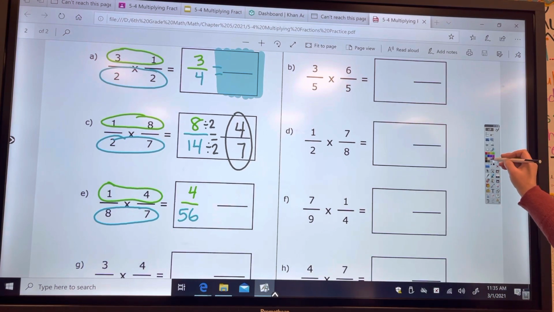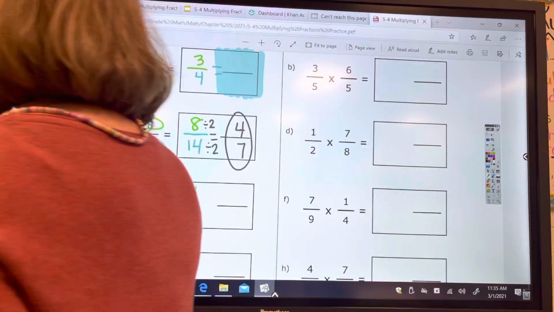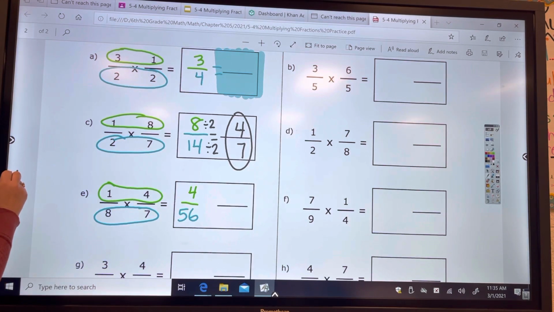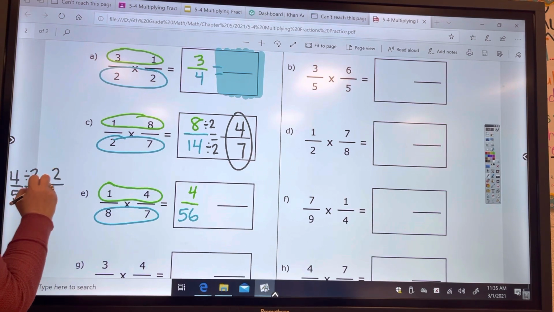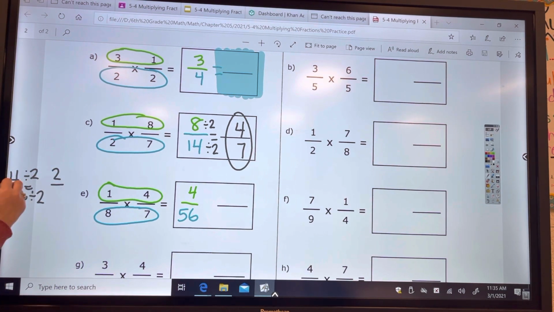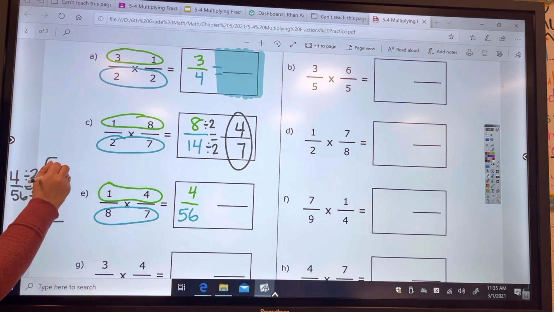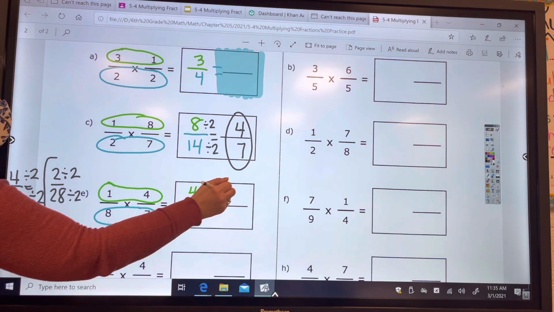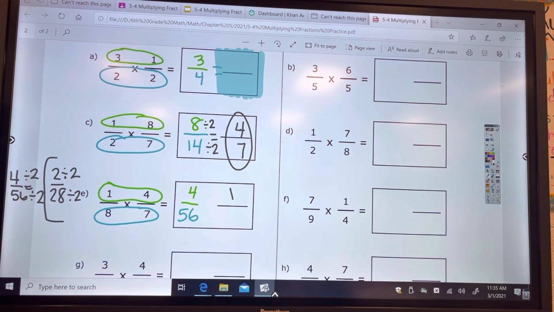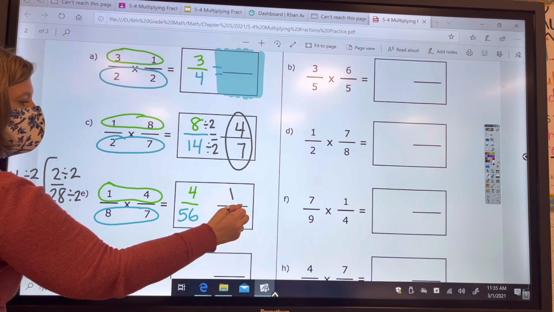Can divide by 2. 56 divided by 2 is what? 28. What can I divide 2/28ths by? 2. 2 divided by 2 is? 1. 28 divided by 2 is? 14.